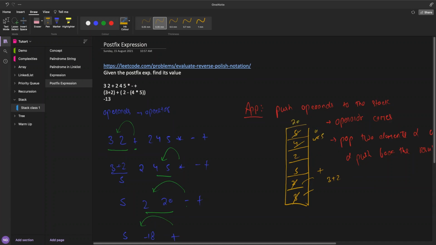So you insert 20 into this. Next you got minus. So you pop 2 out. 2 minus 20 is minus 18. Okay. Then you have plus. So you take minus 18 and 5 out. So 5 minus 18 will be minus 13. So whatever value remains will be the answer. Okay. So this is how we can use the stack to solve reverse polish notation.